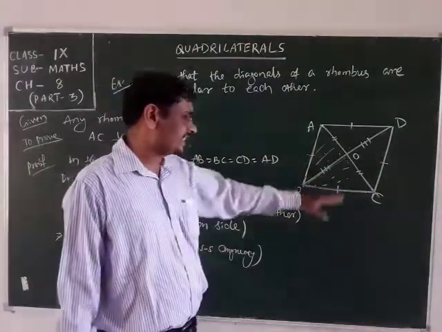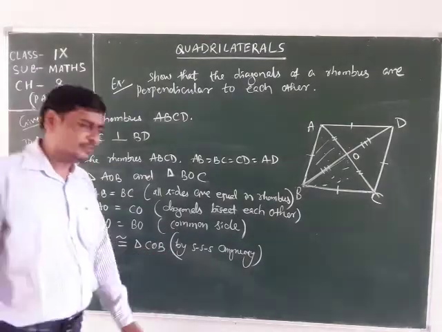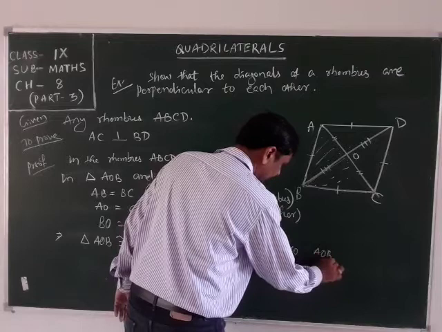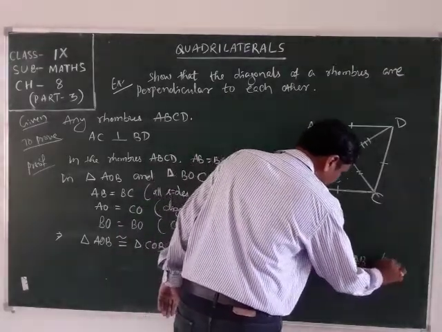Since both triangles are congruent, angle AOB and angle COB become equal. So angle AOB equals angle COB by CPCT.